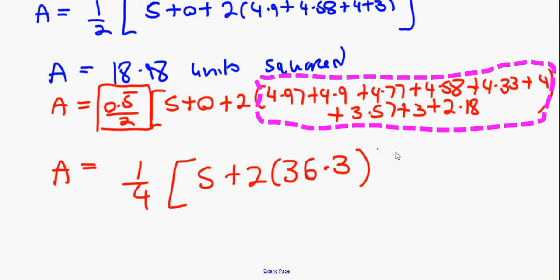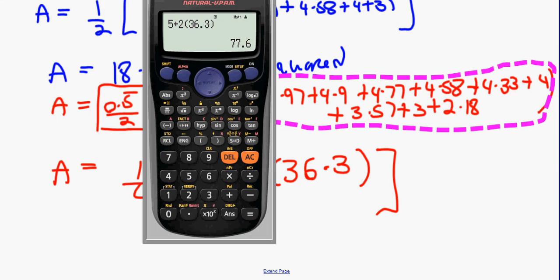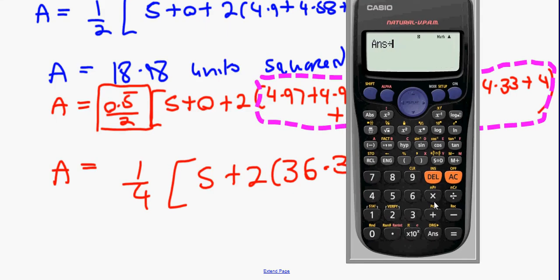Now what we can do is just add the two of these together, so it's going to be 5 plus 2 times 36.3. Then there's our answer, 77.6. Now we're going to divide that by 4. And what we should get is 19.4.